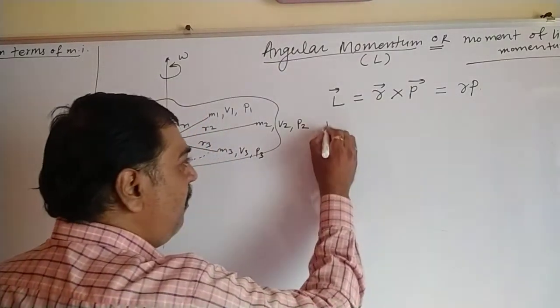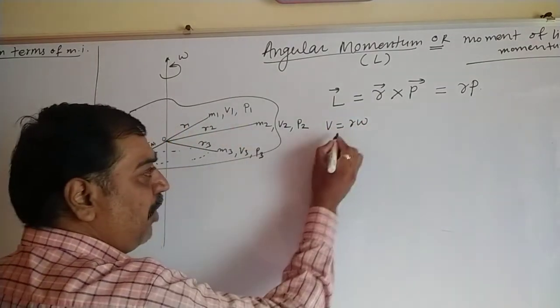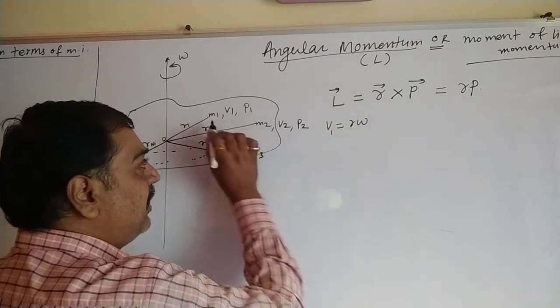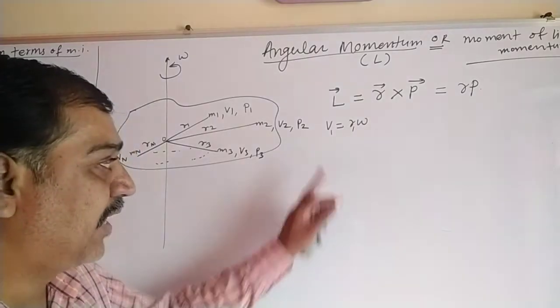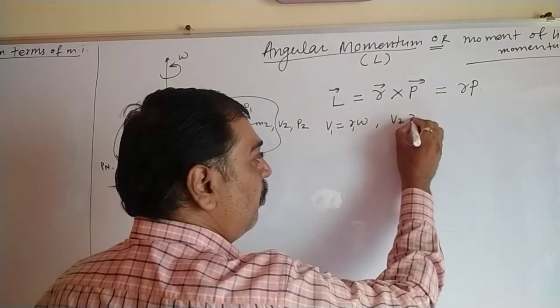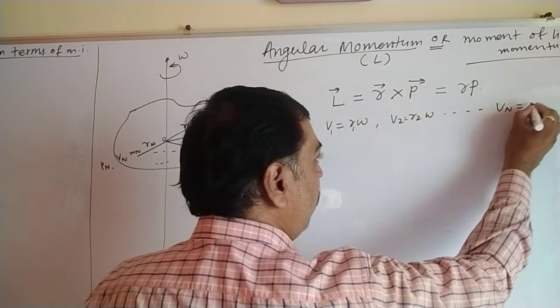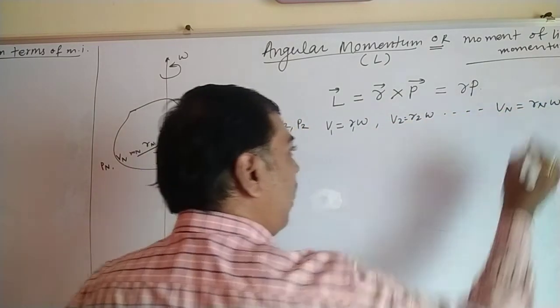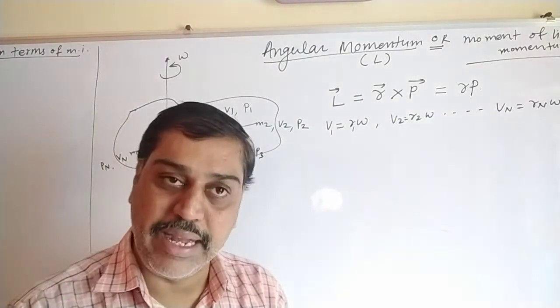We know the formula v equals r omega. For the first particle the velocity is v1, the distance is r1, and omega is constant. So v1 equals r1 omega, v2 equals r2 omega, and so on up to vn equals rn into omega. These are the velocities of the v1, v2 and vn particles.